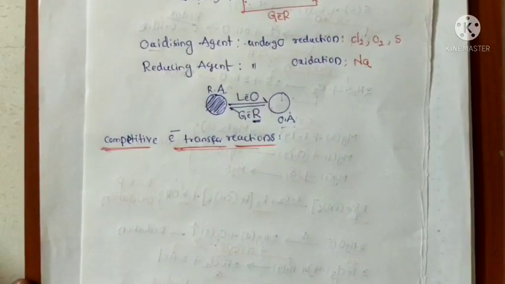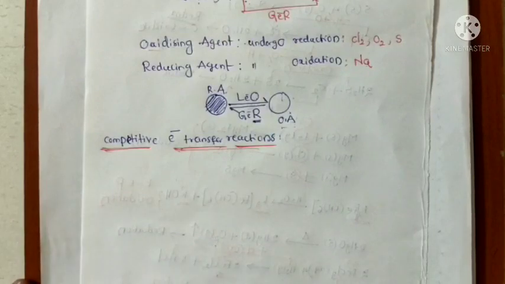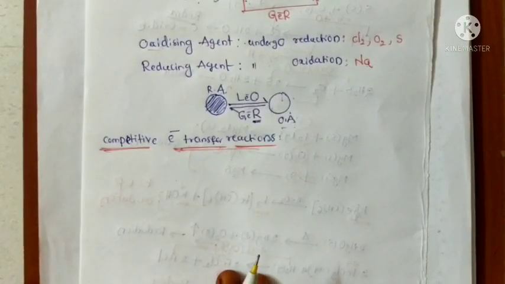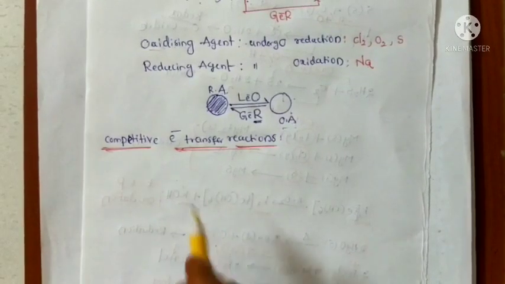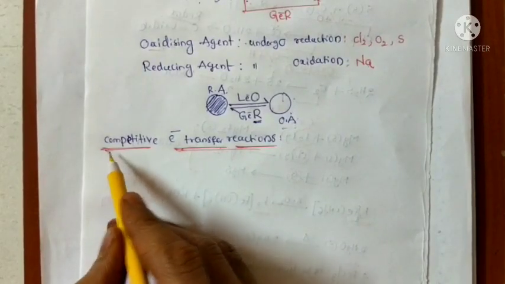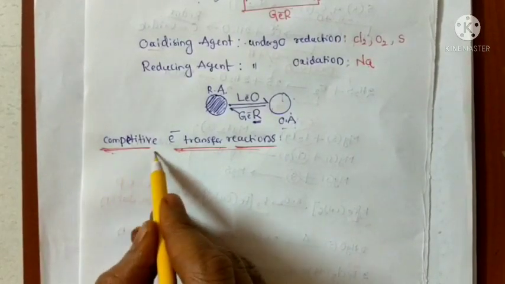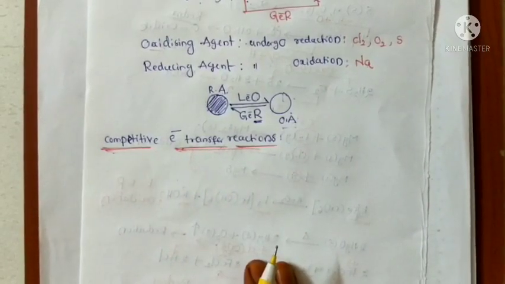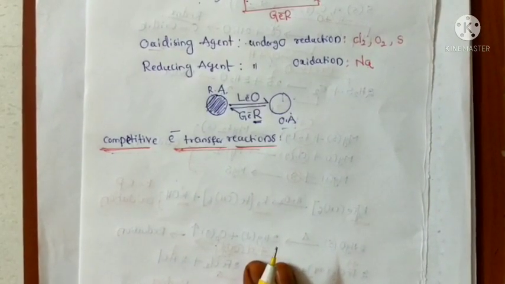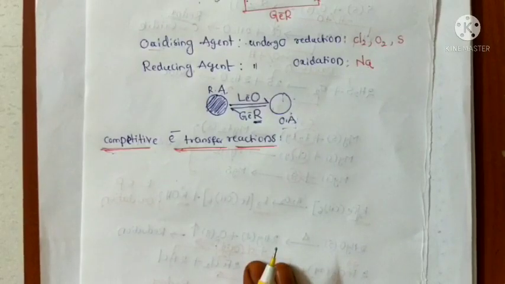Not all metals have the same capacity for losing electrons. Some metals have high donating capacity, some have very little. That's why the heading is competitive electron transfer reactions. From this we can conclude which elements have more tendency for releasing electrons.